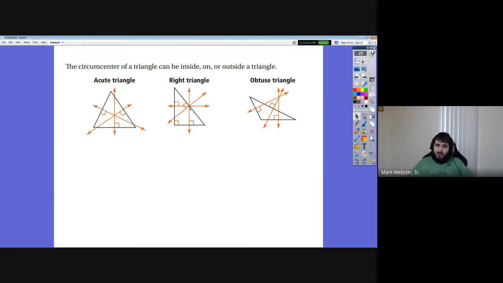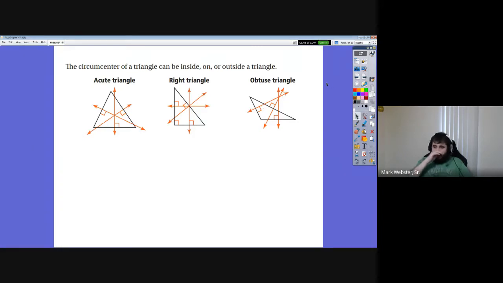And then if it's an obtuse triangle, you'll find that the circumcenter lies on the outside of the triangle, on the hypotenuse side. Like you see, it's over here. You would never find the circumcenter on this side. It's never going to be over here on the vertex side. It'll always be on the hypotenuse side over here.